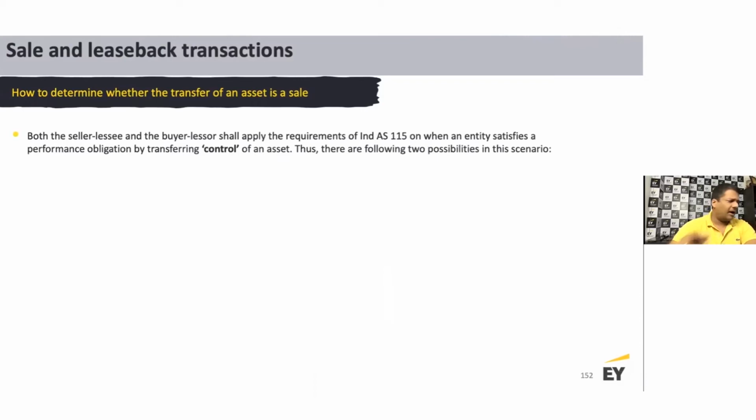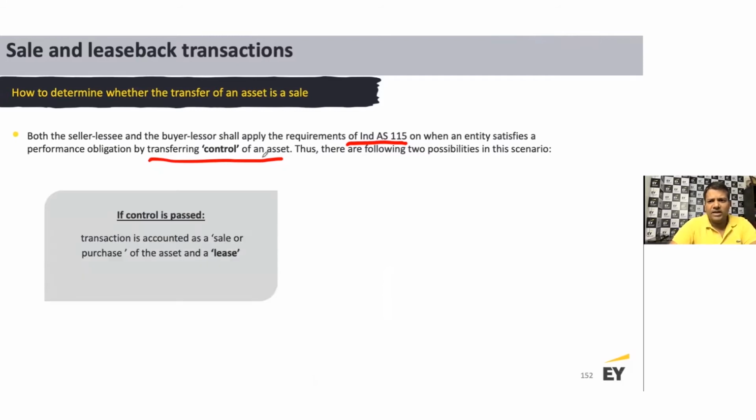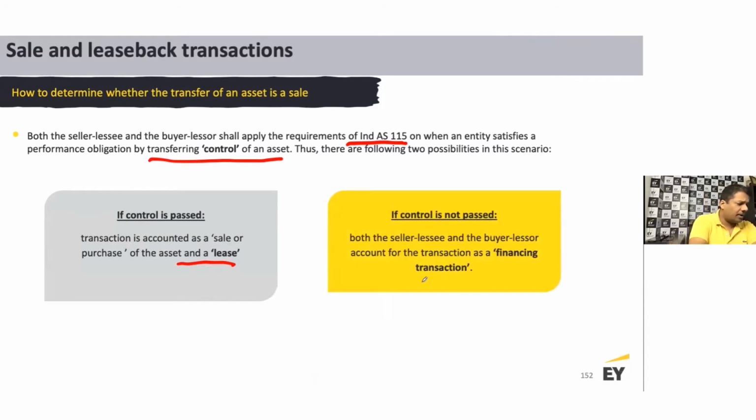We apply the requirement of Ind AS 115: whether an entity satisfies a performance obligation by transferring control. Essentially there are two possibilities. If control is passed, then it is accounted for as a sale or purchase and a lease. If control is not passed, then it is nothing but a financing transaction, and here you account for it under Ind AS 109.